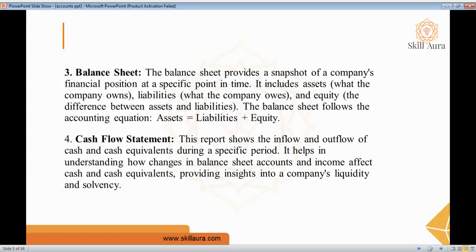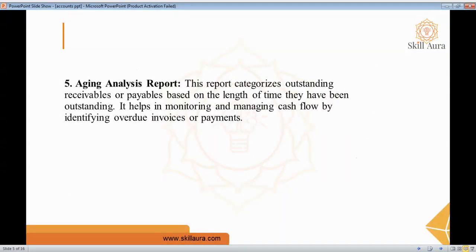So these are the three important things which help you to calculate the net change in the cash section, which shows the overall change in the company cash flow balance over the period. So this is cash flow statement.